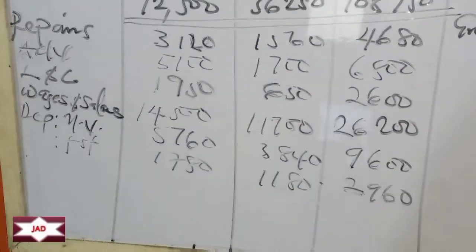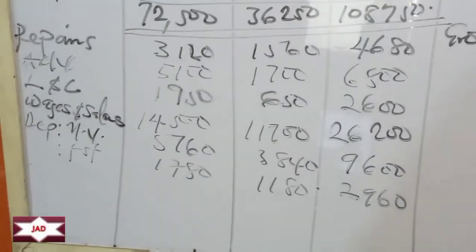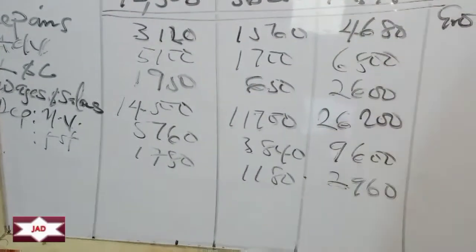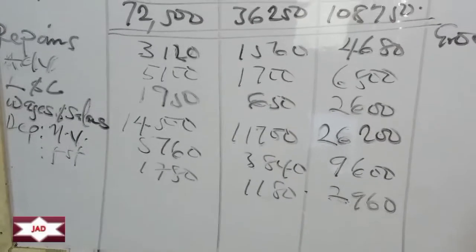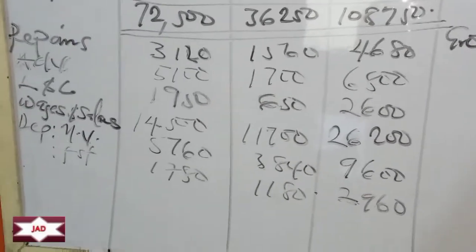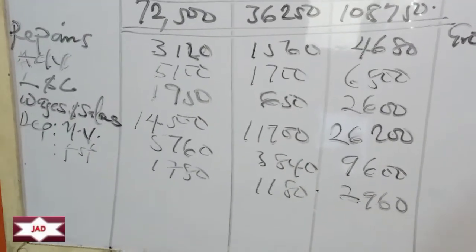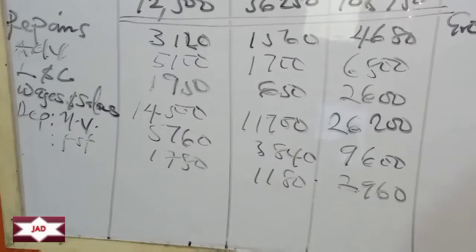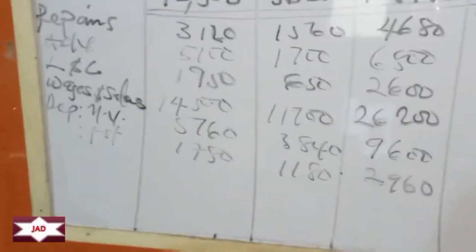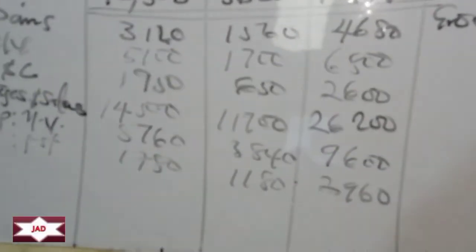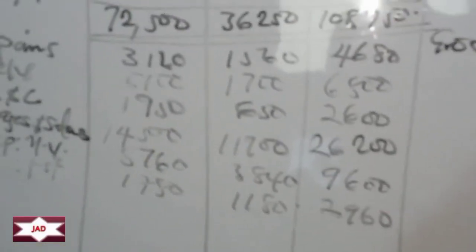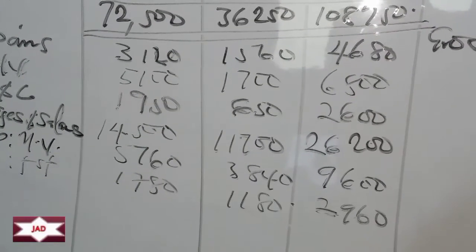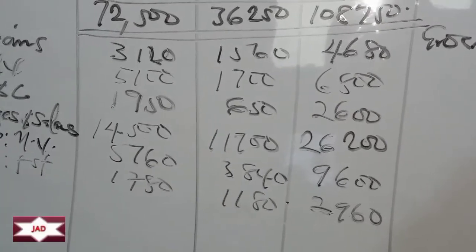I see 3,120 plus 5,100 plus 1,950 plus 14,500 plus 5,760 plus 1,780.